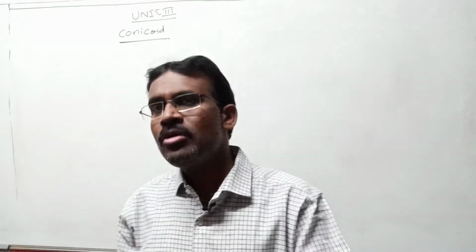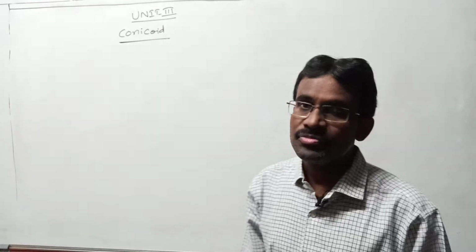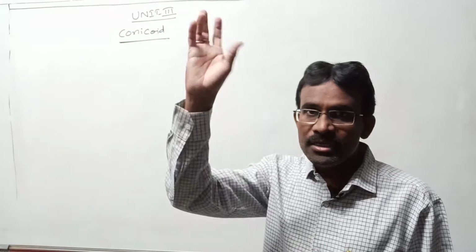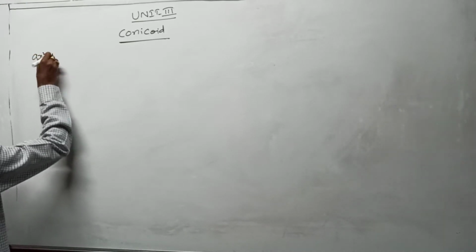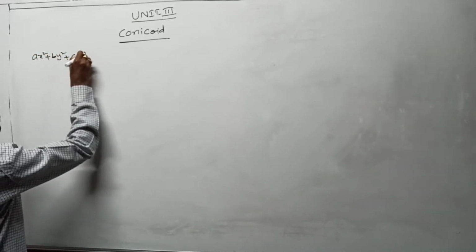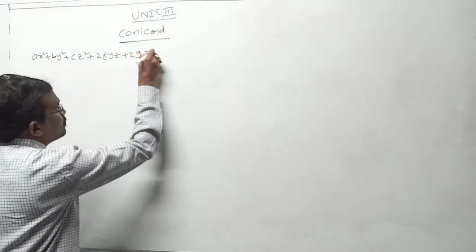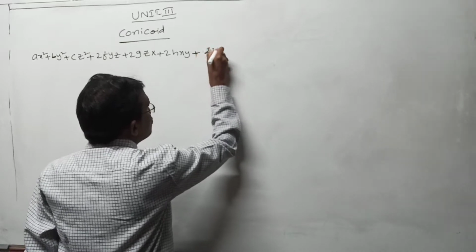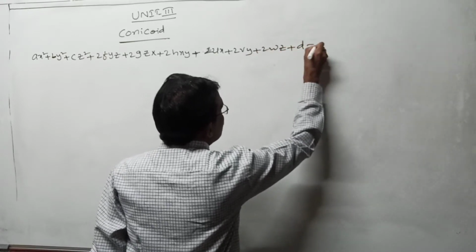Conicoid means the locus of points, or the locus of the equation of second degree in terms of x, y, z. The second degree equation in terms of x, y, z is ax² + by² + cz² + 2fyz + 2gzx + 2hxy + 2ux + 2vy + 2wz + d = 0.